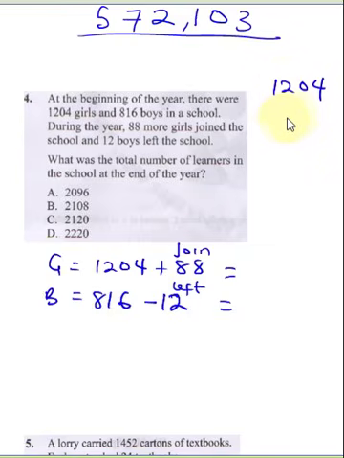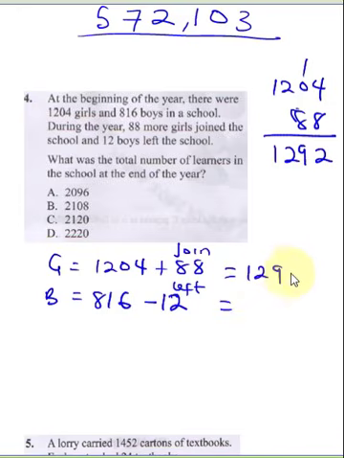1204, we're going to add 88 to this. So this is 4 plus 8, this is 2, carry 1, this will give us 9, and this is 1292. Then 816 minus 12, 6 minus 2 is going to give us 4. 81 minus 1 is going to give us 80.